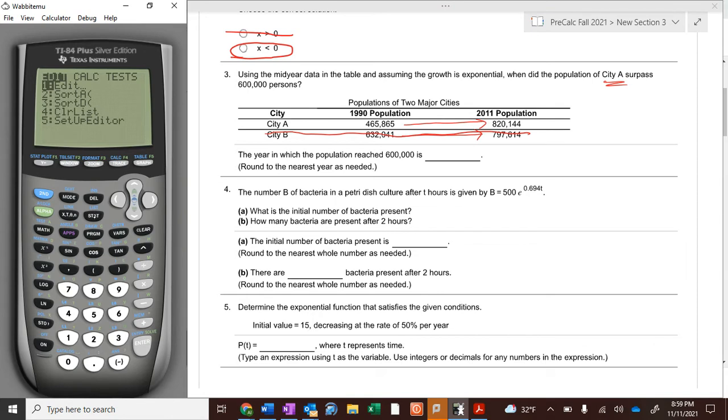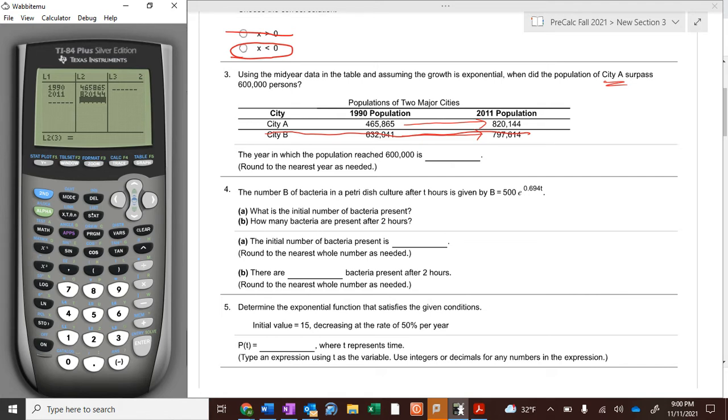So you go stat, edit our list, put the two numbers in. In 1990 and in 2011, we had populations of 465,865 and 820,144. Enter.